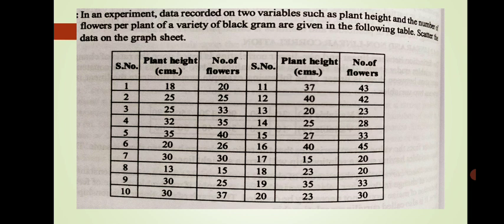For plant height 18 centimeters, there are 20 flowers. For plant height 25 centimeters, there are 25 flowers. Similarly, as the plant height increases or decreases, the number of flowers also changes. We have to plot this relationship in a graph and observe what type of relationship is there.